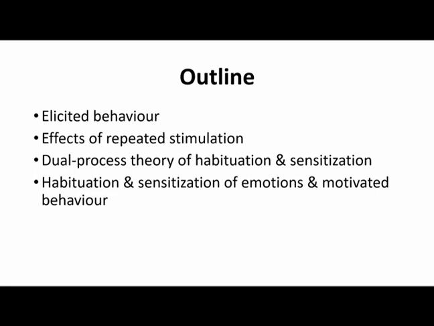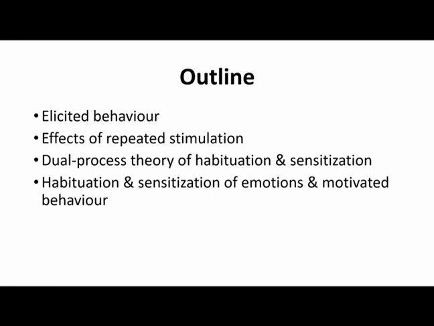Elicited behaviors are really any behavior that is made to happen by some kind of discrete stimulus. This simple setup and the simple learning that we're going to see with both sensitization and habituation end up being the most basic unit of learning, and we're going to build from there.